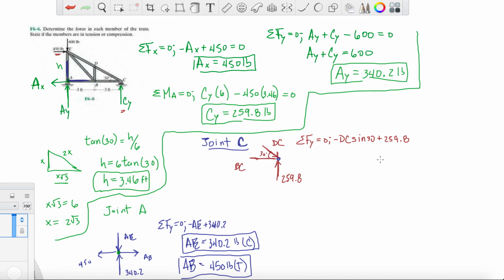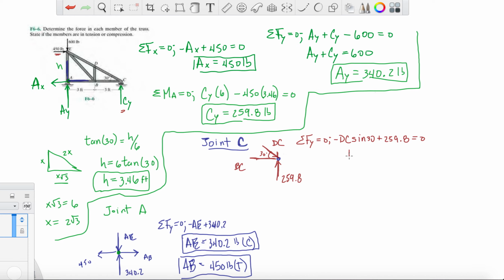All right. Hopefully you guys are drawing these or taking notes, because I might have to delete some of this because we're definitely going to run out of room. And those are the only two forces in the Y direction acting on joint C. Because BC is just horizontal, and then you have DCX, the X component of DC, so that's also in the X.